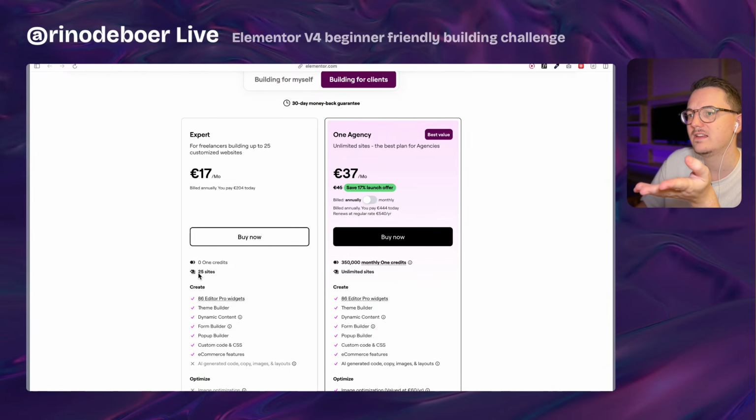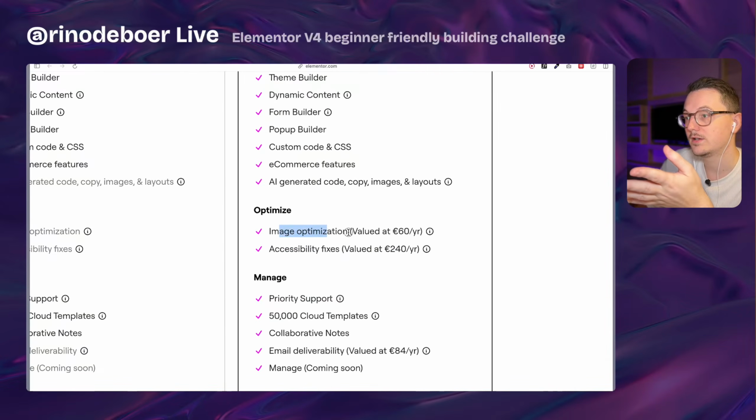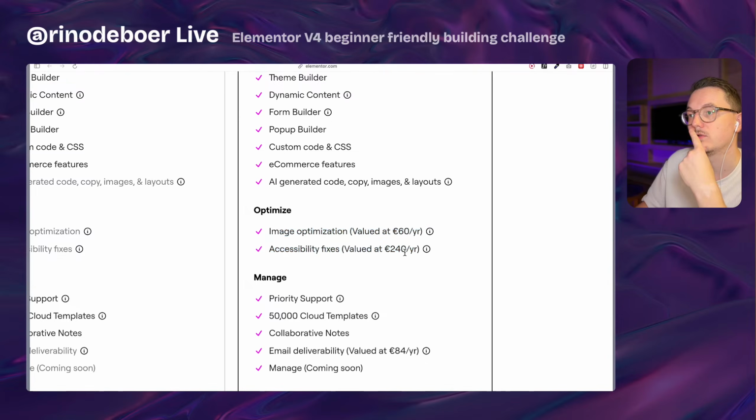If you have an agency and you buy 25 licenses first, that's already less than $1 per website per month. So if you don't want Elementor 1, you just buy another expert plan, but then you're already almost on this price. So after a few expert plans, you can just buy the one agency, and then you get the other products included. You get credits, you get AI, and this is going to become more and more valuable over time.